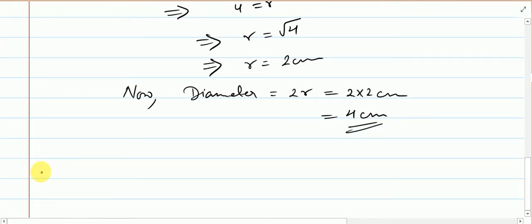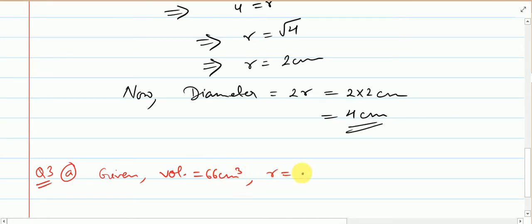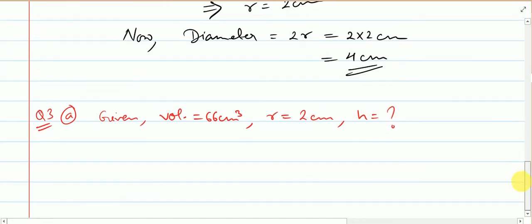So question 3A. Given volume is 66 centimeter cube and radius is 2 centimeter, and height is not known to us.